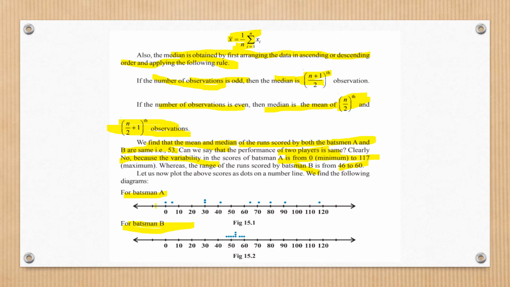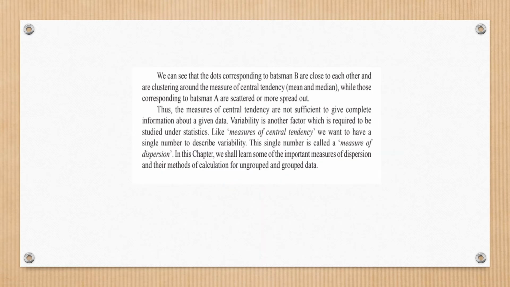You can see that here for A the data is more scattered, and observe for batsman B. So we can see that dots corresponding to batsman B are close to each other and are clustering around the measure of central tendency, mean and median, while those corresponding to batsman A are scattered or more spread out, right?